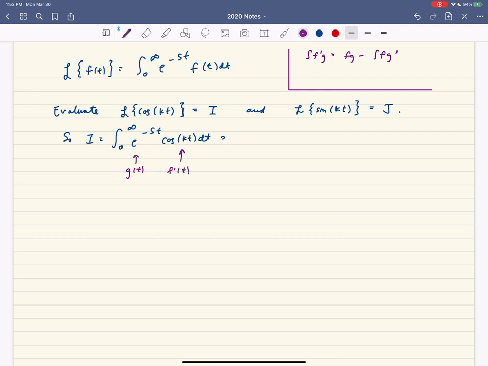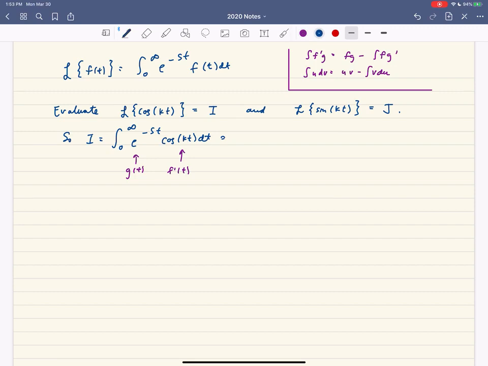Some books like to call f prime dv, and they like to call g u. So there's also, remember, the second formulation, where if you have the integral of u dv, that's equal to uv minus the integral of v du. That's really just the same integration by parts formula using differential notation.